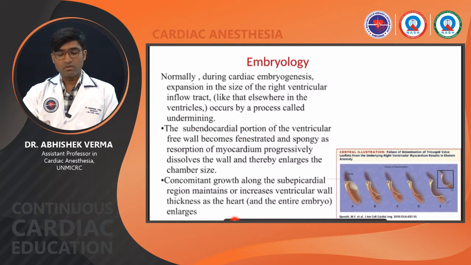The subendocardial portion of the ventricular free wall becomes fenestrated and spongy as resorption of the myocardium progressively dissolves the wall, thereby enlarging the chamber size. Concomitant growth along the subepicardial region maintains or increases the ventricular wall thickness as the heart enlarges.